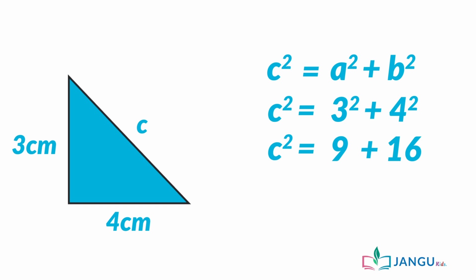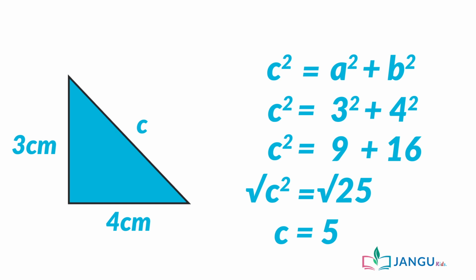C squared equals 9 plus 16. 9 plus 16 equals 25. To find the value of the hypotenuse, we need to find the square roots of both sides. What is the square root of 25? That's right, 5. Therefore, the hypotenuse of the triangle ABC is 5 centimeters.